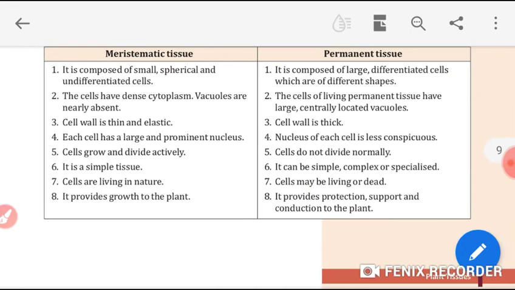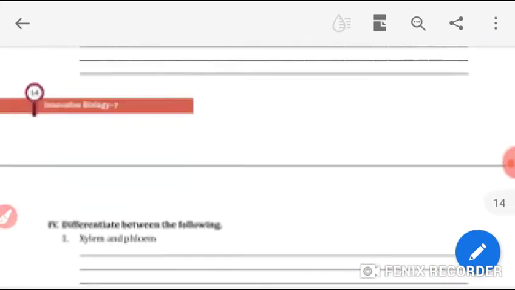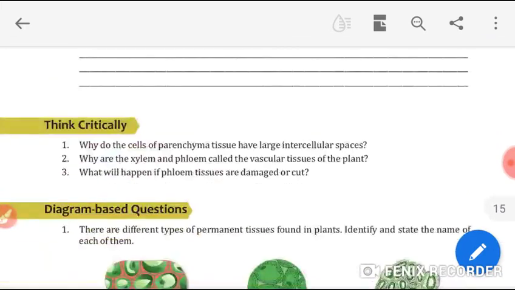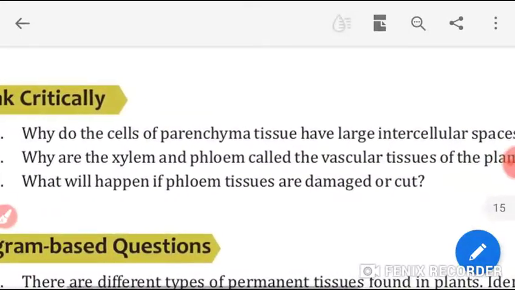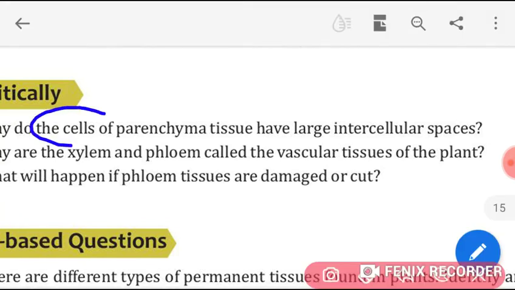Think critically. Now we are on question number 1. Why do the cells of parenchyma tissues have large intercellular spaces? Students, this answer you have to write. First, from the question you will write, the cells of parenchyma tissues have large intercellular spaces.